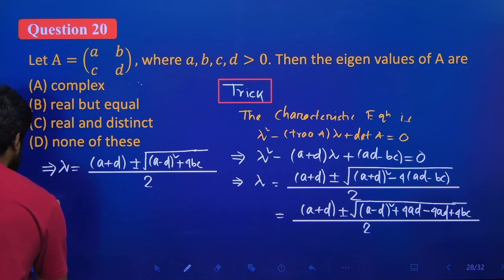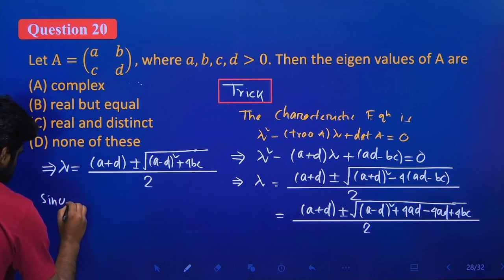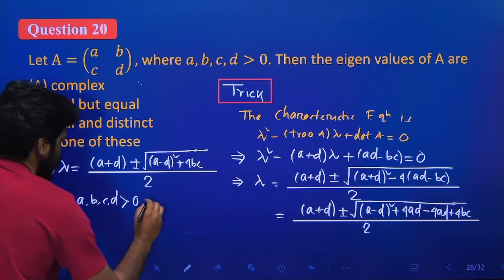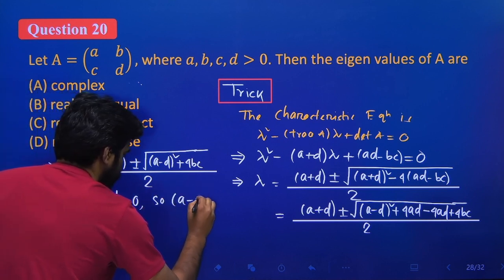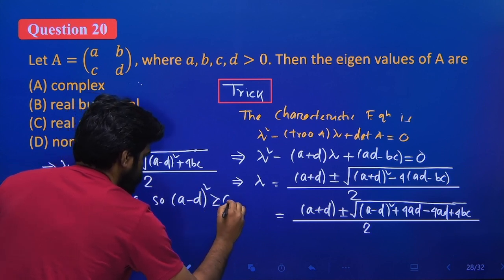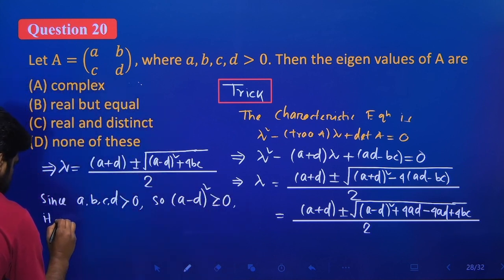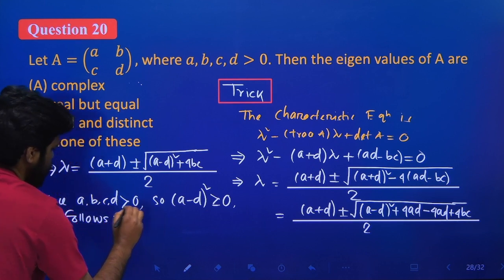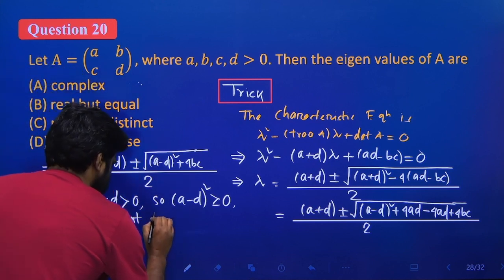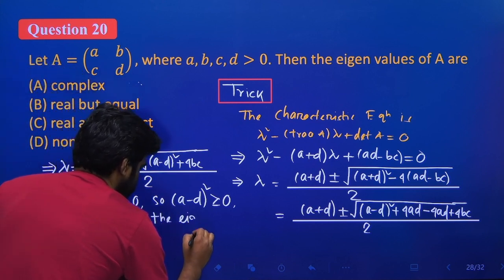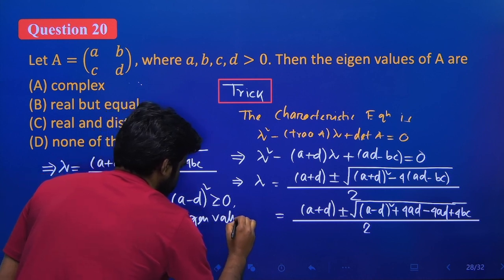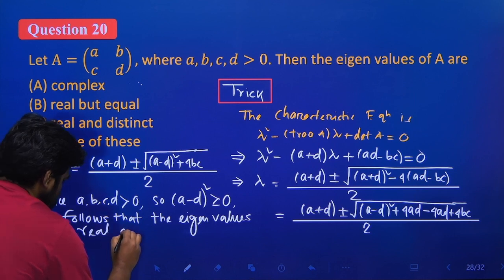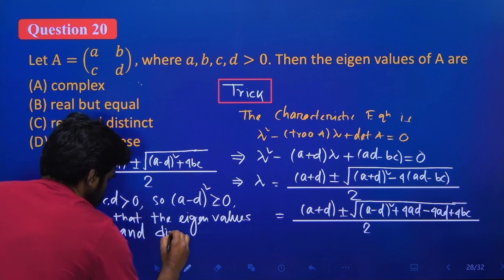Since a, b, c, d are greater than 0, (a minus d) whole square is always positive. It follows that the eigenvalues are real and distinct.